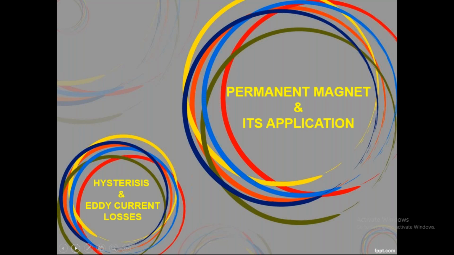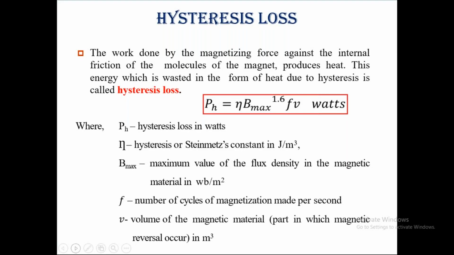Let me see hysteresis losses first. How hysteresis losses occur depends completely on the type of material and its volume. You are already aware of the BH curve, right? The BH curve gives information regarding hysteresis losses.